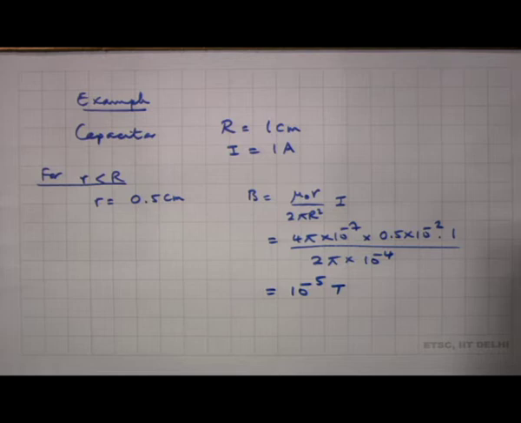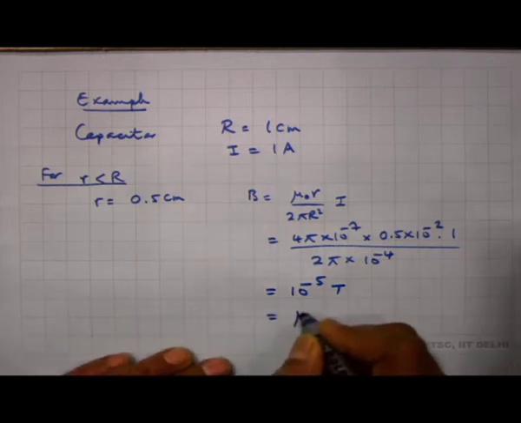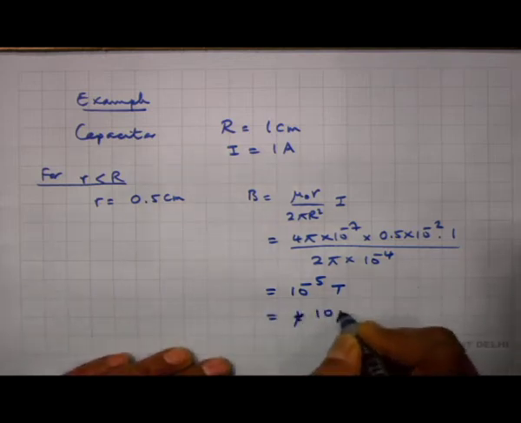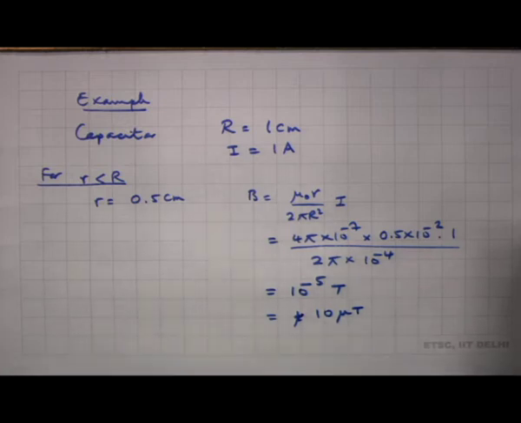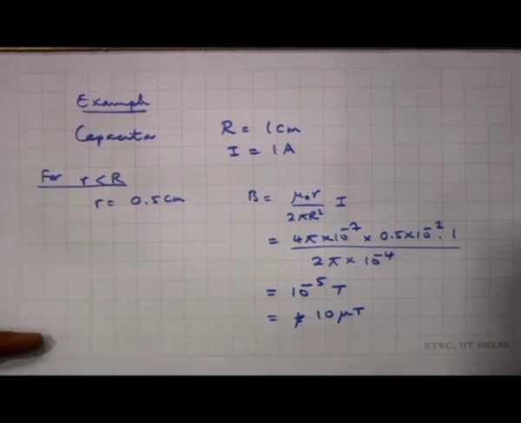So, this is 10 micro Tesla, micro being 10 to the minus 6. That is the magnetic field at a distance of 0.5 centimeters from the axis of the capacitor plates.